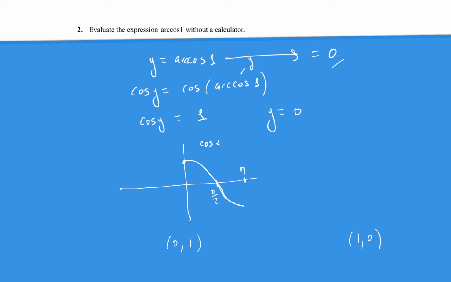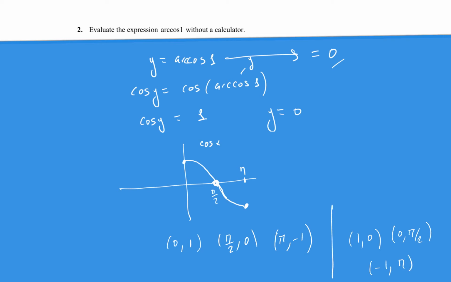The point pi divided by 2, 0 is this point, and the other point is pi comma minus 1. These are the 3 points of the function cosine. Where are these 3 points in the inverse function? Well, in the inverse function they will appear as 1, 0, then 0 comma pi divided by 2, and the other point will appear as minus 1 comma pi.